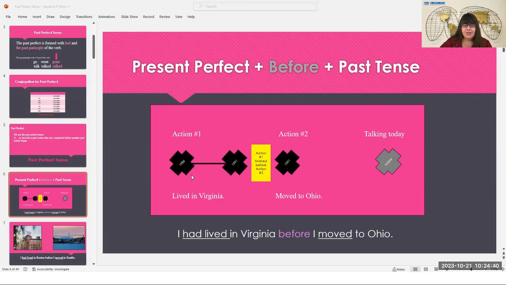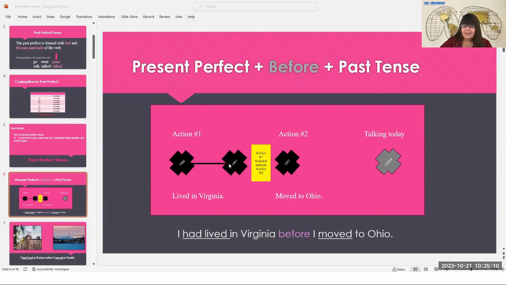In this chart, it shows us that in 1986, I moved to Virginia, and I'm in Virginia, in Virginia, in Virginia. But in 1991, I said goodbye to Virginia, and I moved. So action number one finished before action number two began.